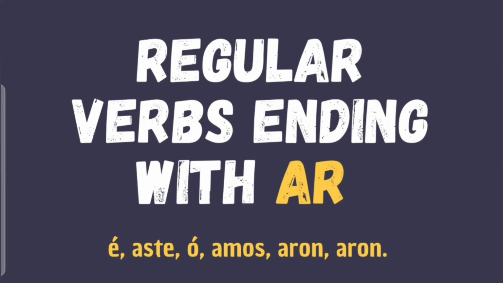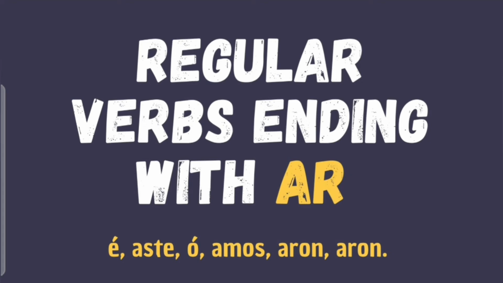If you're talking about the personal pronoun tú, you, then your verb has to end with aste. If you're talking about the third person pronouns, él, ella, eso, then your verb has to end with ó, with an accented letter o.